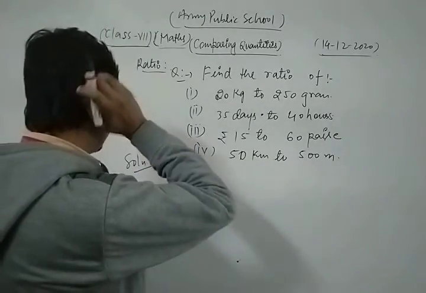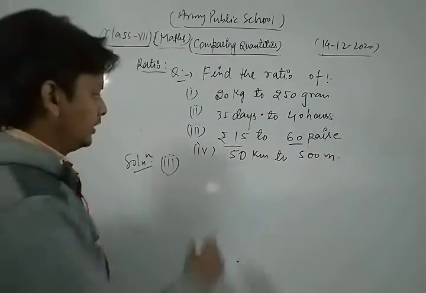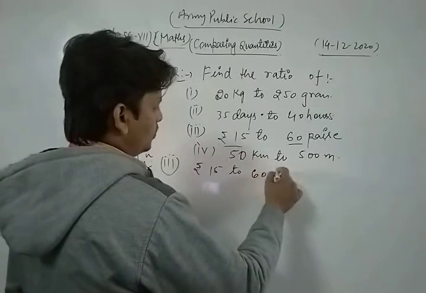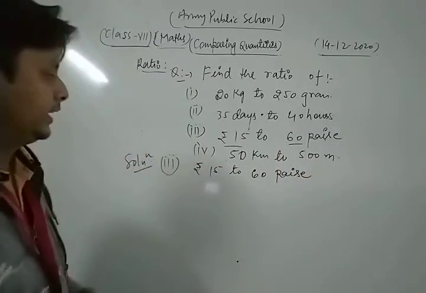We find the ratio of rupees 15 to 60 paise. Okay, let's see. Rupees 15 to 60 paise.